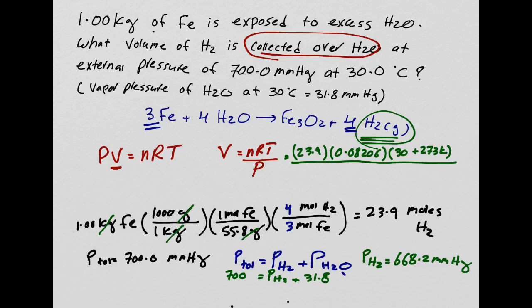Okay. Now, the problem is I do not want millimeters of mercury to be able to plug it into PVNRT. What do I need? I need ATM. So 668.2 millimeters of mercury. What I need is ATM. You know that 1 ATM is 760 millimeters of mercury. So what I end up getting is 0.879 ATM.